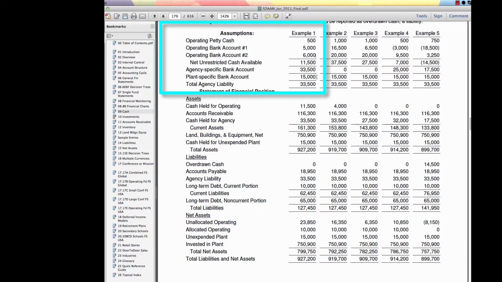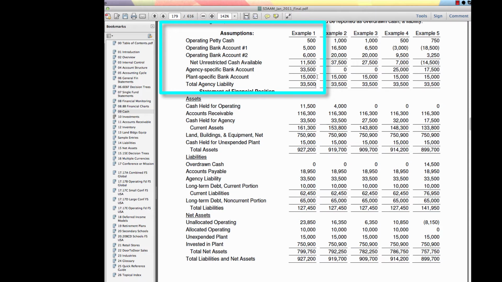And then it has another bank account called the agency specific bank account. That is, any money that is received in an agency type fund, any trust funds they receive, any offerings from the churches are put into this bank account. This is a separate bank account from their operating bank accounts, and it is kept equal to the total agency liability.